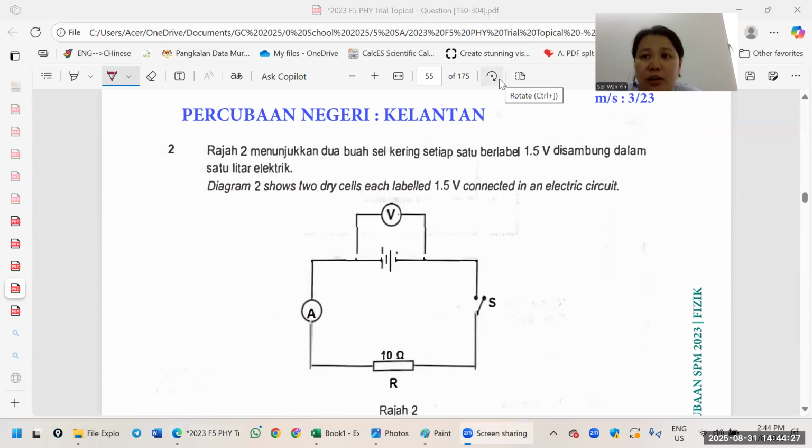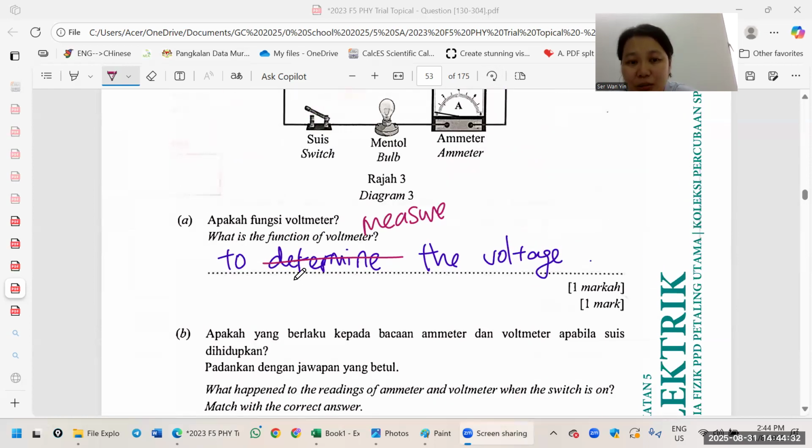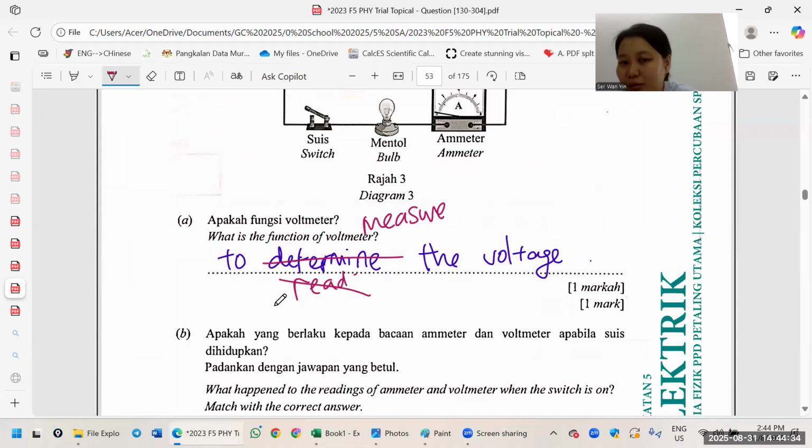To read cannot, because we want measure. To read, no. Measure always, when they ask function of measuring tools, always measure.